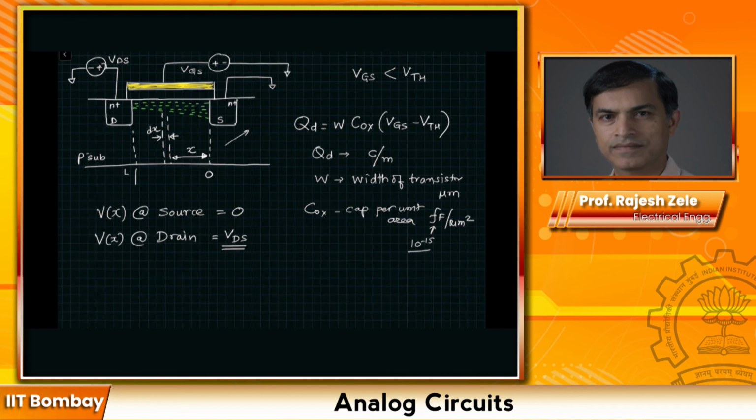Important point. So we can write the channel charge QD again as a function of x, that will be equal to W Cox, and it would become VGS minus Vx minus VTH.